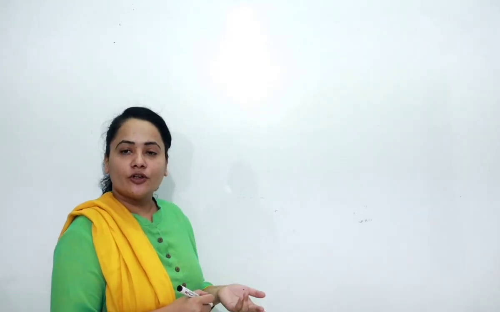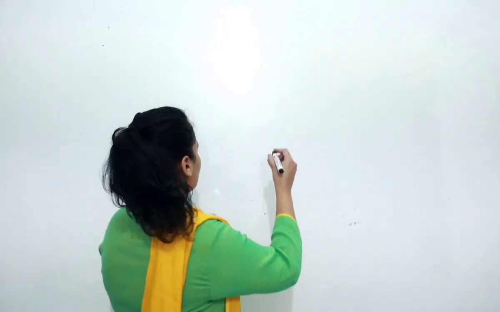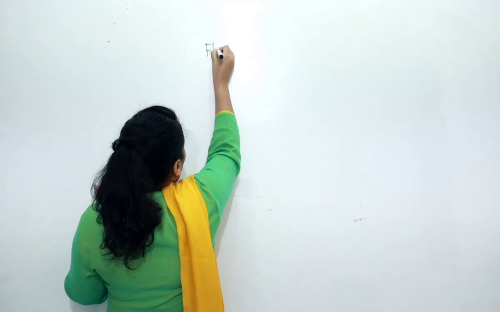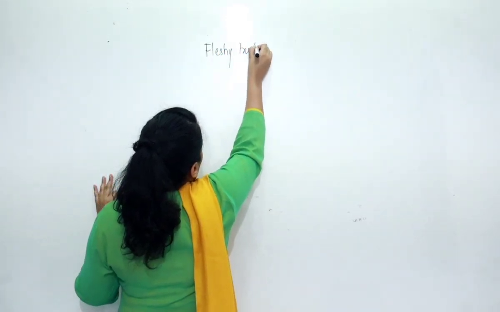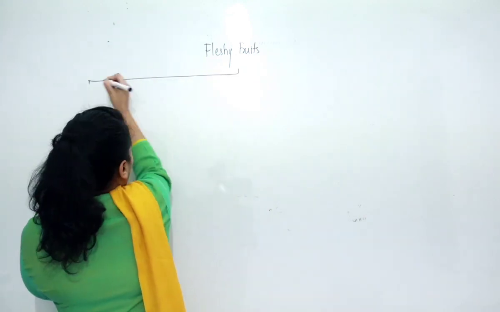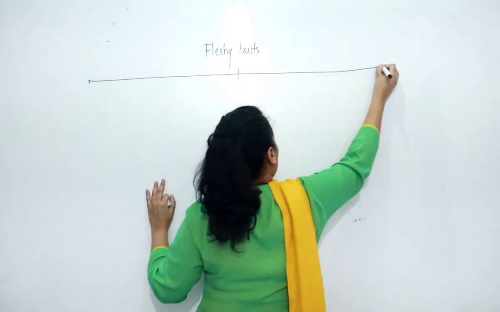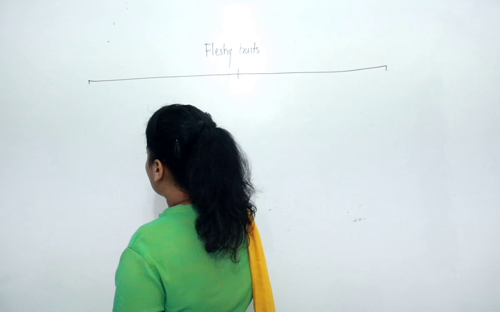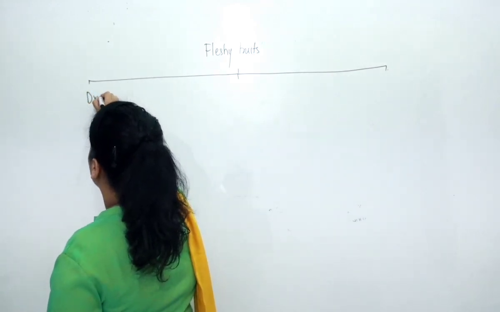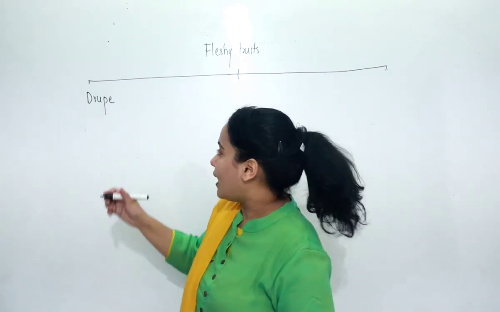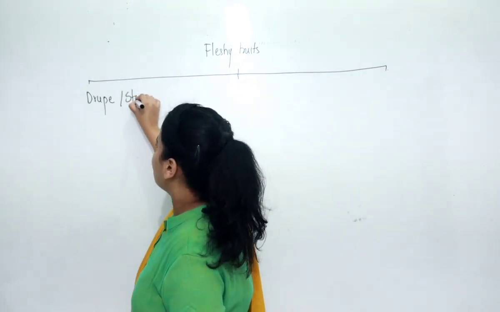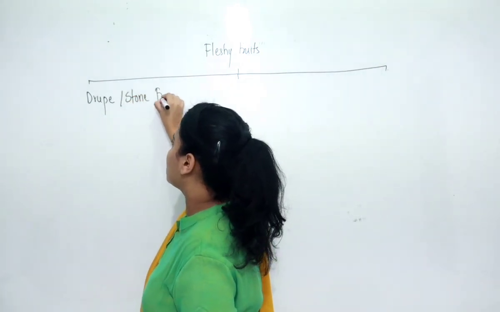Now let us talk about the further division of fleshy fruits. As I have told you, fleshy fruits are divided further into 3 types. The first we are going to talk about is drupe. These drupes are also called stone fruits.